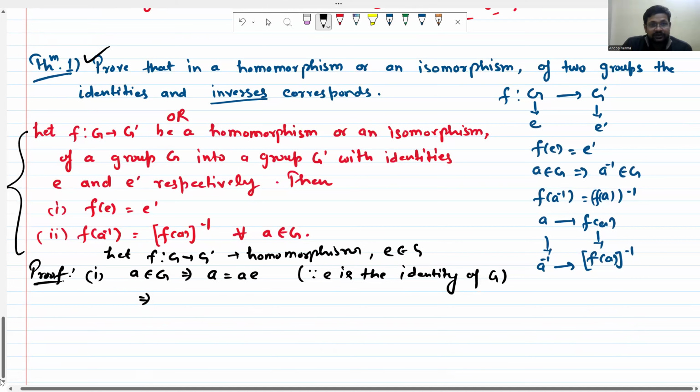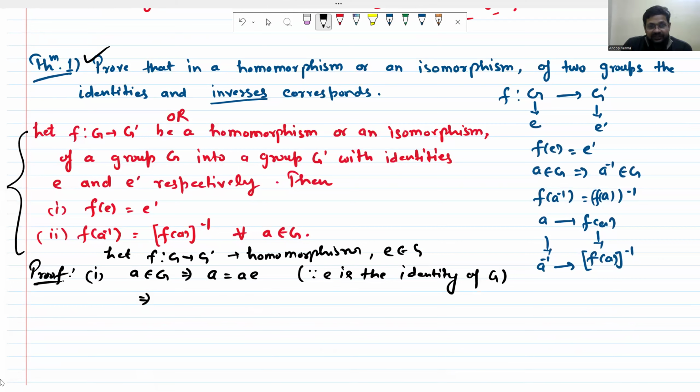I already wrote it, so I'm going to prove it. If A belongs to G, then A can be written like this.